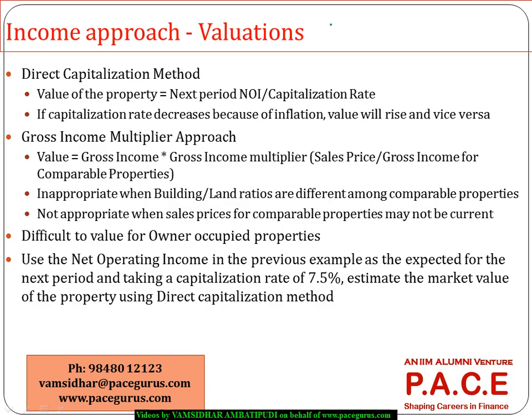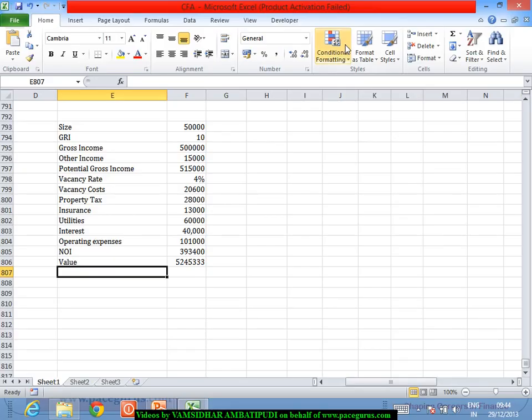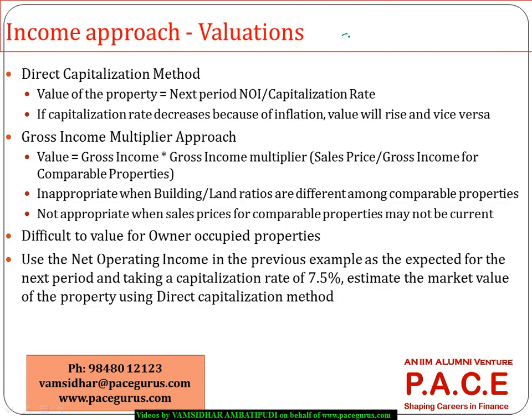let's say the next year NOI is 393,400. Now assume that there is a constant growth of 5% every year for an infinite period, and assume that the cost of capital is 12.5%.